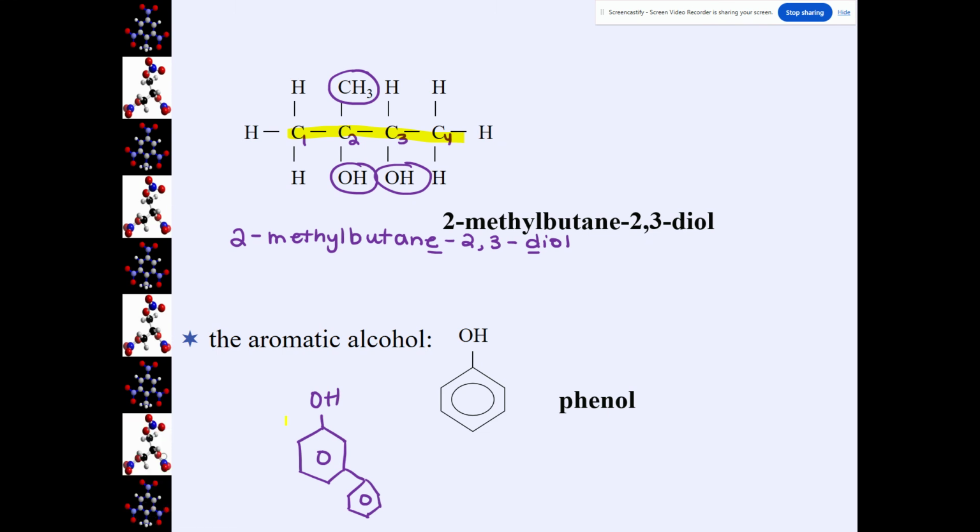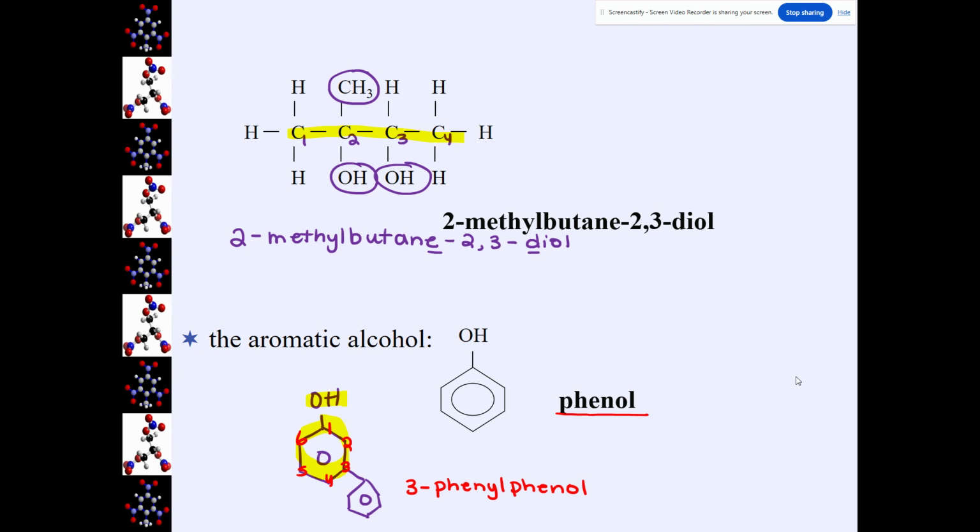My parent is the whole benzene ring with the OH, okay? The OH has to be carbon 1. So this is 1, 2, 3, 4, 5, 6. So on carbon 3, there is a phenyl branch, because remember the benzene as a branch is called phenyl, and the parent is called phenol, okay? Phenol for when you have the benzene ring with the OH on it.